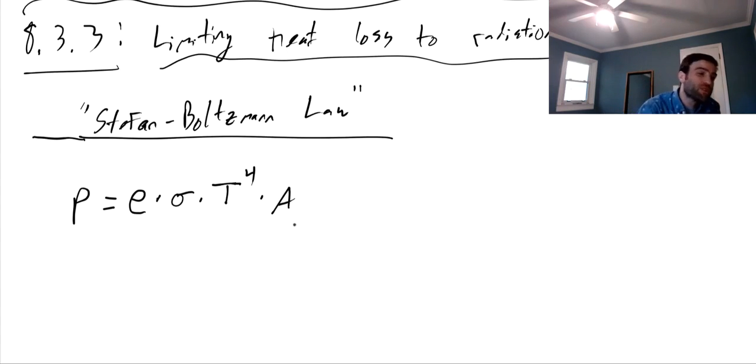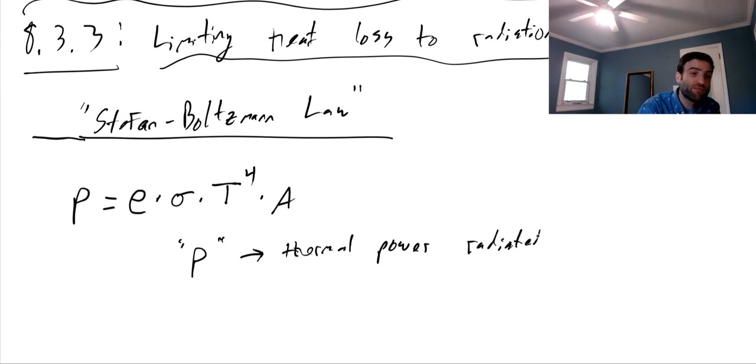Okay, so let's walk through each of these things in turn. P, well, that's just the thermal power radiated away by an object. So whatever object you have, it's constantly emitting electromagnetic radiation, and this is the amount of power that's being emitted, the amount of thermal power via radiation.